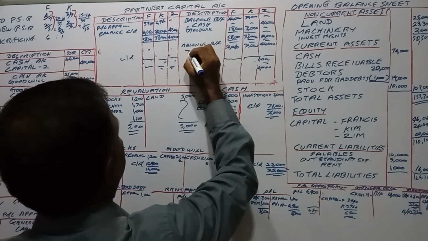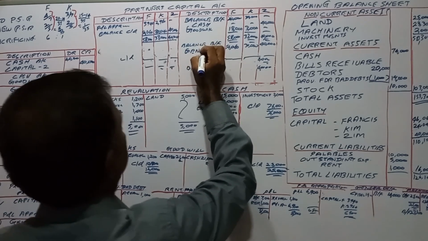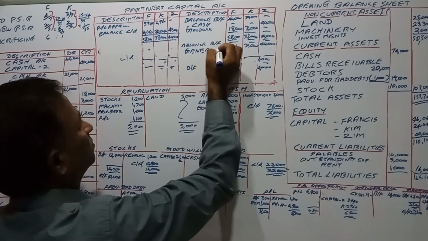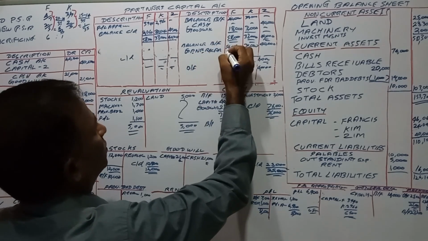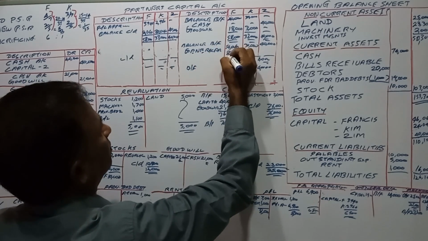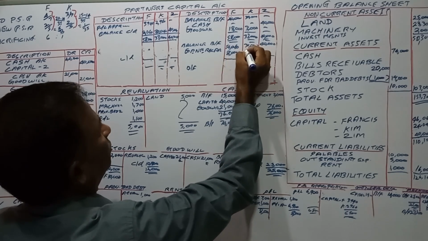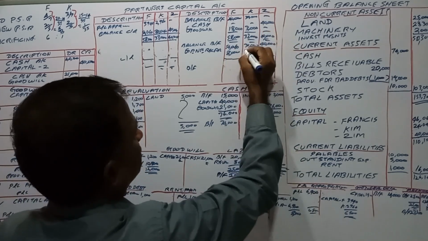General reserve, that is 8,000 and 6,000, right?